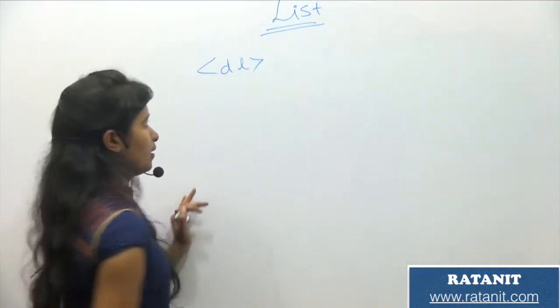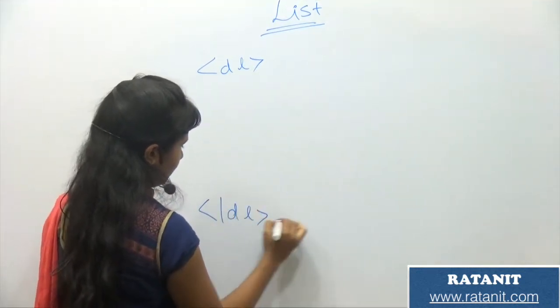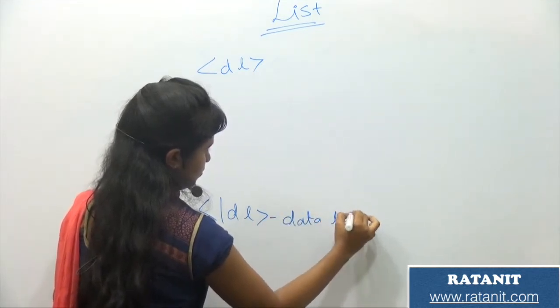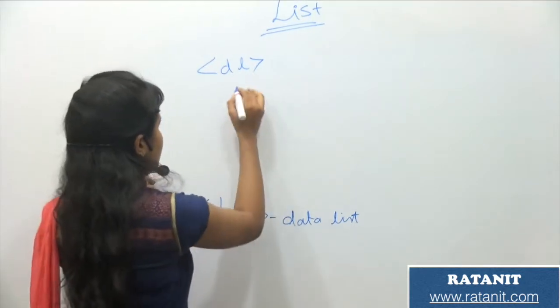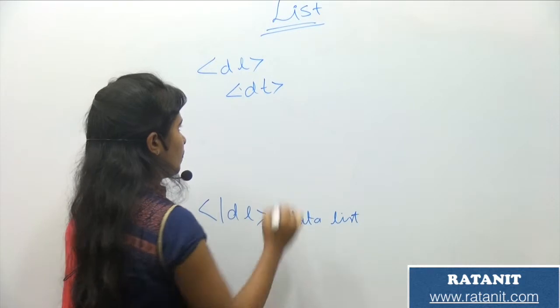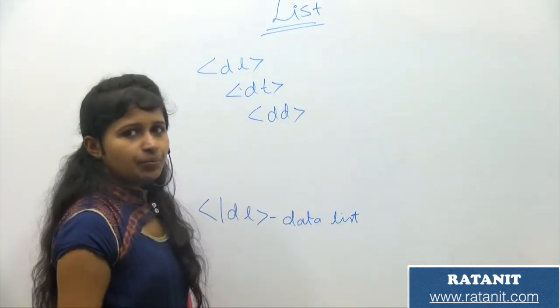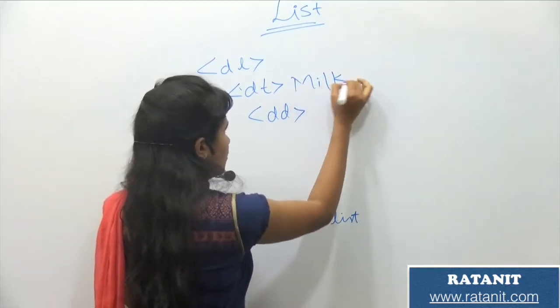That is DL, the data list. In a data list I am using DT and DD, data term and data description. Let us suppose I am having milk.